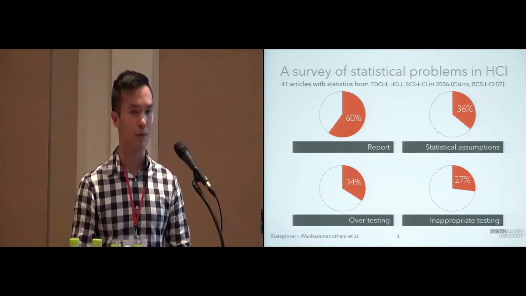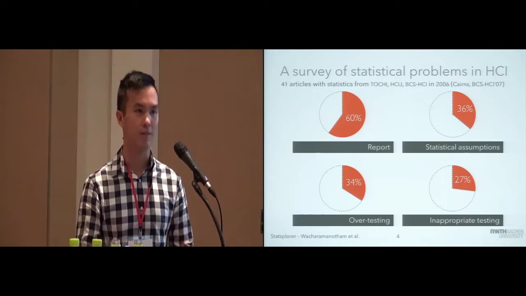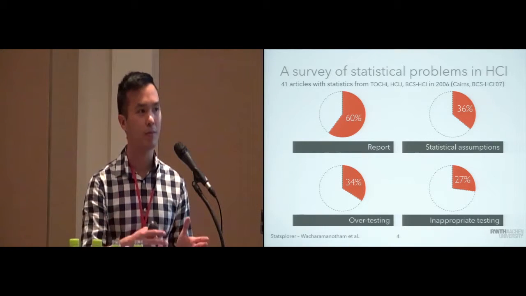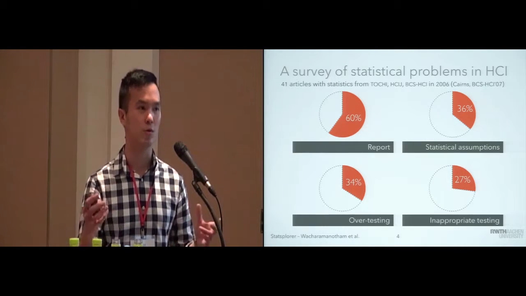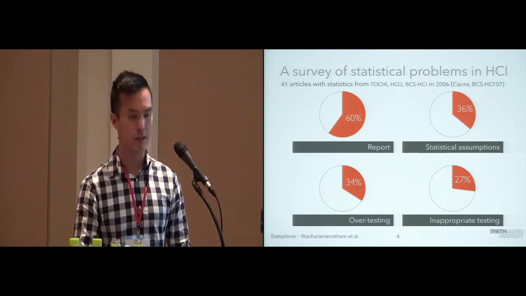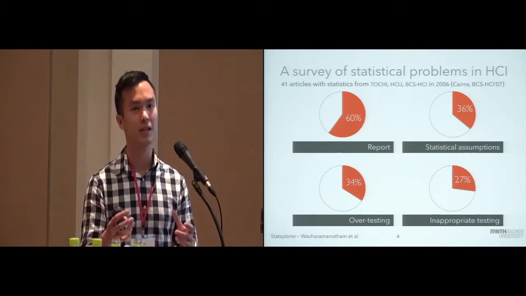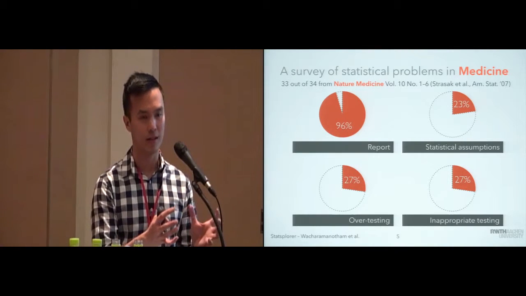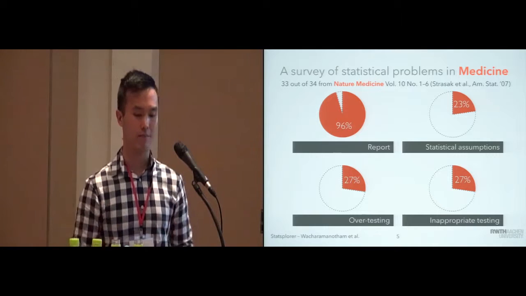Less, like 34% of the papers, did overtesting. This is the case when you perform multiple t-tests on the same data set, while you should actually perform ANOVA instead. 20% used inappropriate tests, for example, mixing parametric tests and non-parametric tests in the same data set.